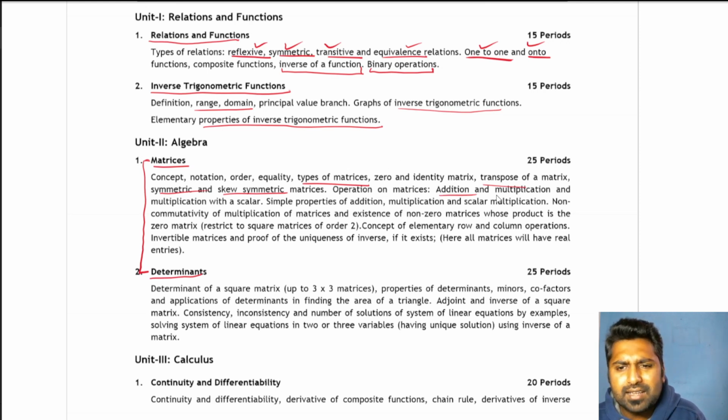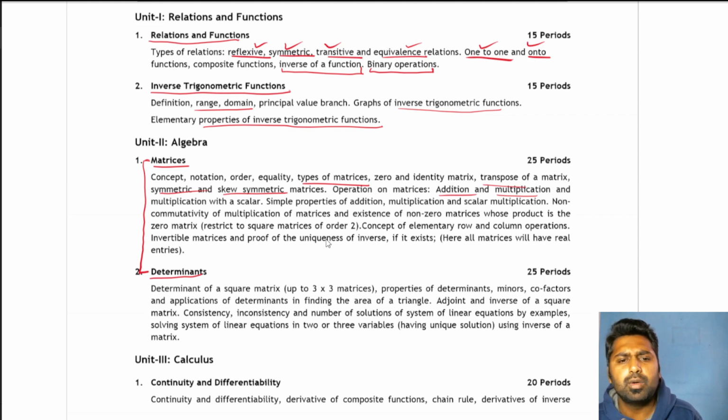Then how we add them, multiply them. Okay, do remember that addition, subtraction is possible, multiplication is possible, but division of matrix, there is no such thing as division of matrix. Okay. Then their properties, commutative nature or associative nature, those kinds of properties.